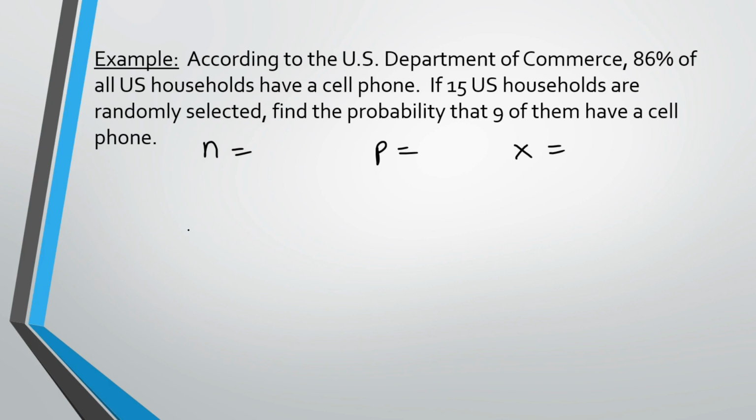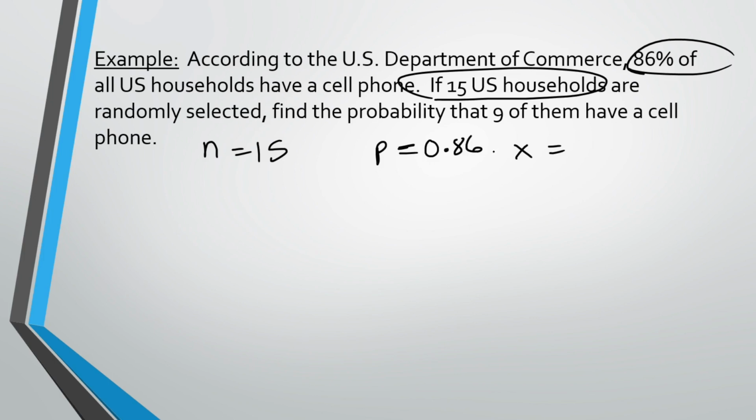If 15 U.S. households are randomly selected, find the probability that 9 of them have a cell phone. In our case, n is 15 because we have 15 households that are randomly selected. The probability of success is 86% or 0.86 as a decimal.